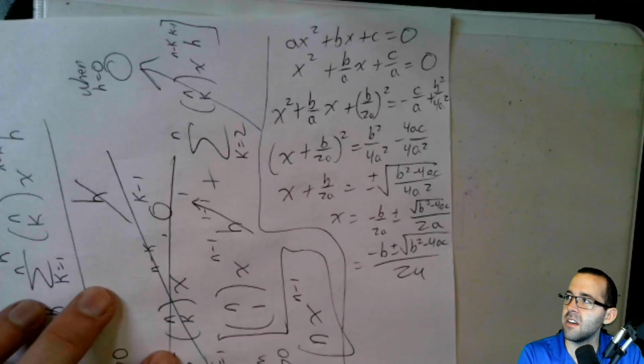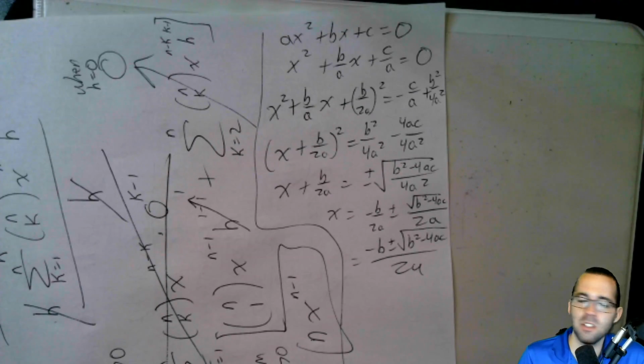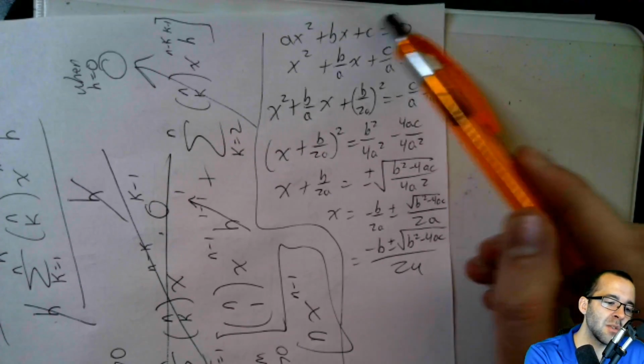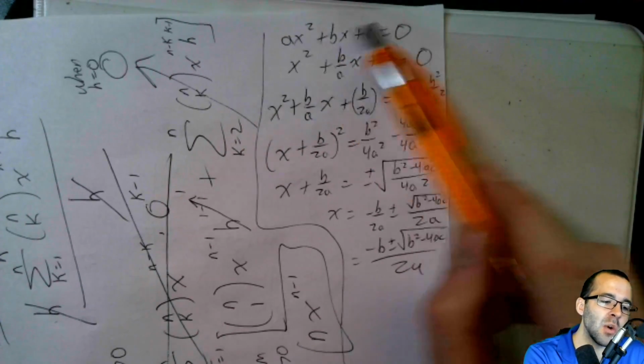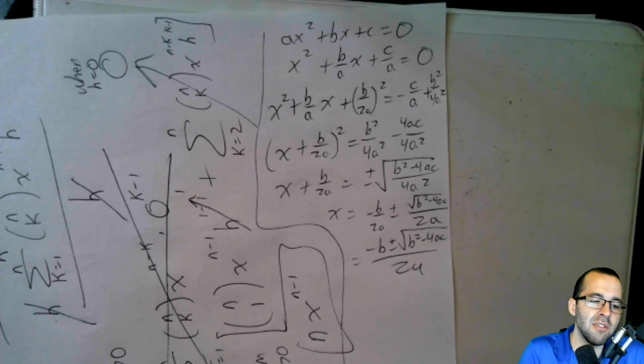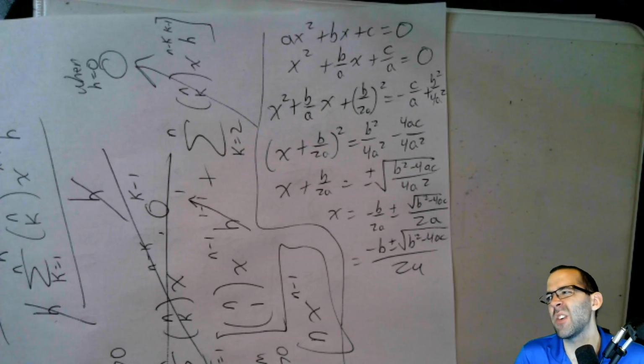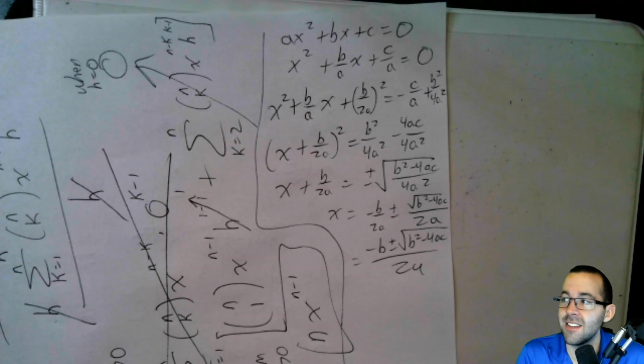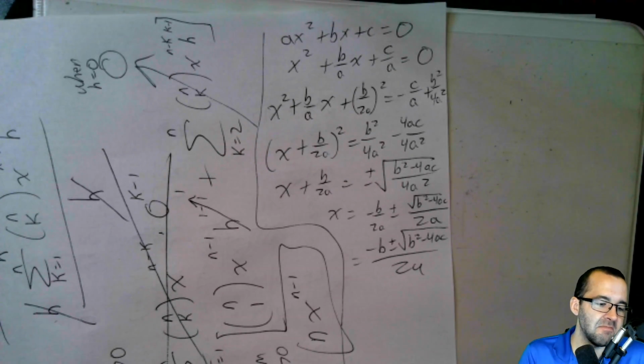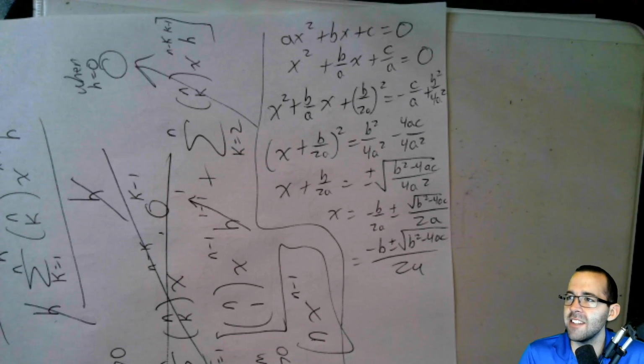Over here, quadratic formula. We just solved using complete the square for every polynomial. Every quadratic looks like this for some value of a, b, and c. Or every quadratic equation. So that's interesting. That is interesting. Anyway, that's enough math for me.